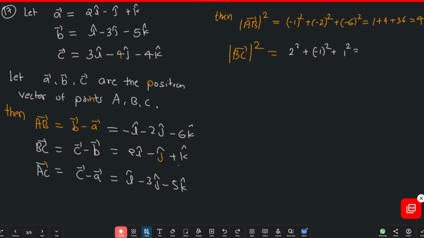So 4 and 1 is 5, and 1 is 6. AC vector whole square: 1 square plus minus 3 whole square plus minus 5 whole square. So 1, 9, 10 and 25, 35. 35 plus 6, 41 equals 41. That is fine.